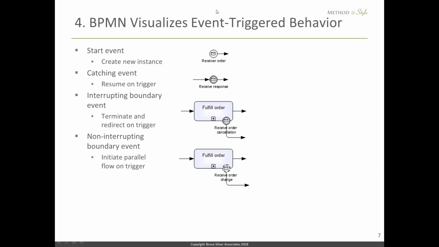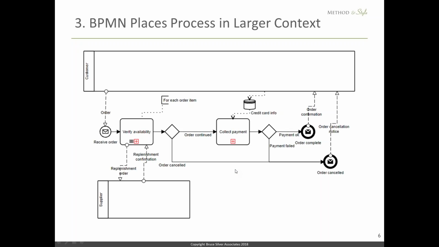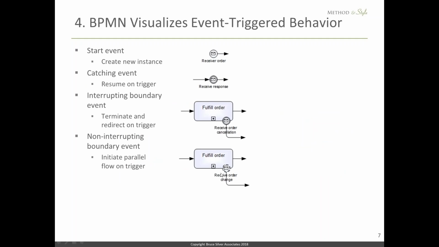The icon inside the circle, called the trigger, is the type of signal. So this white envelope trigger means receiving a message flow. We saw the message flows here. And so BPMN lets you show in the diagram what happens when a message flow arrives.